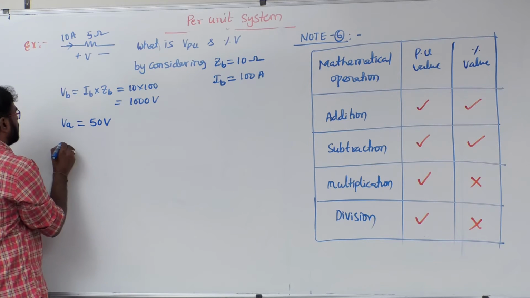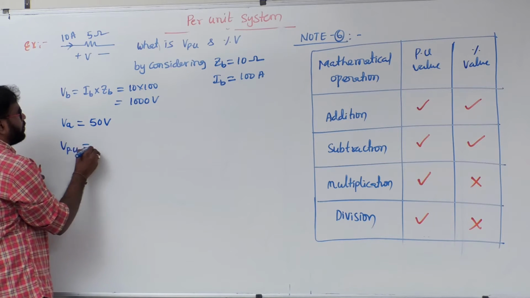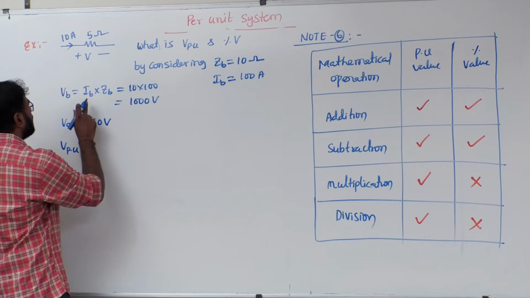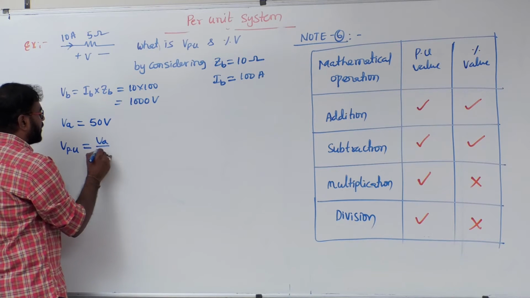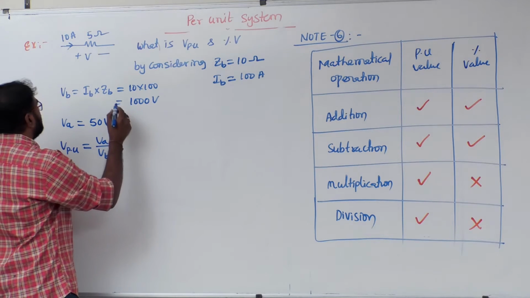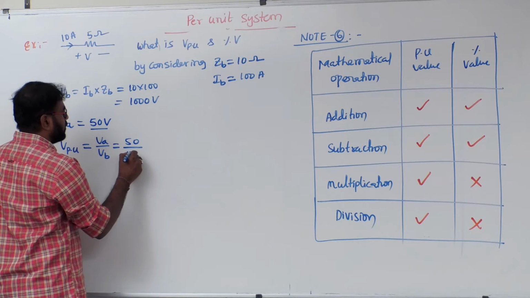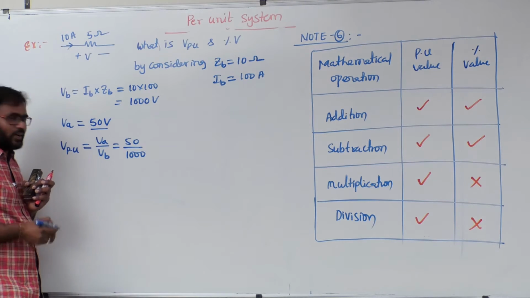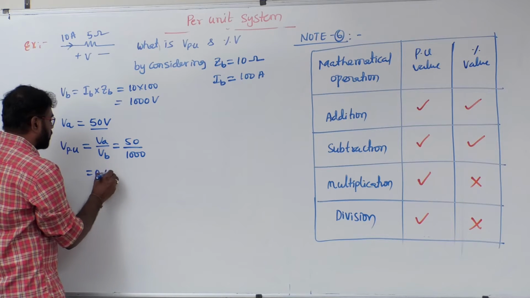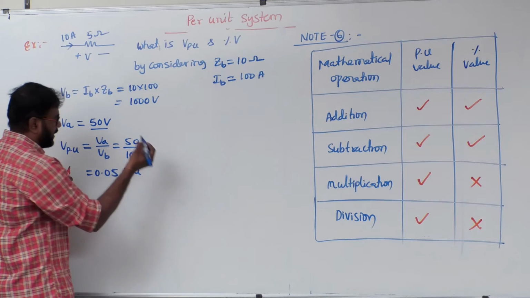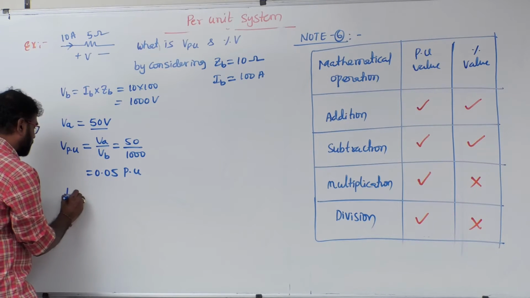Now from this, what is V per unit? V per unit equal to V actual by V base. V actual is 50 and V base is 1000. Clear? Now V per unit equal to 0.05 per unit. This is the correct answer. And what is percentage V?